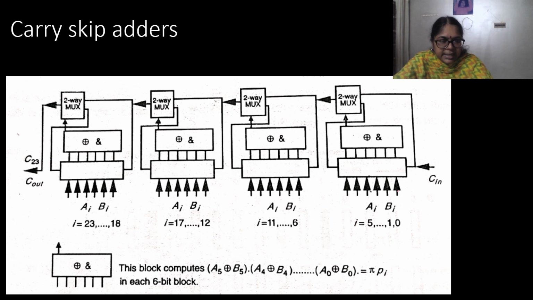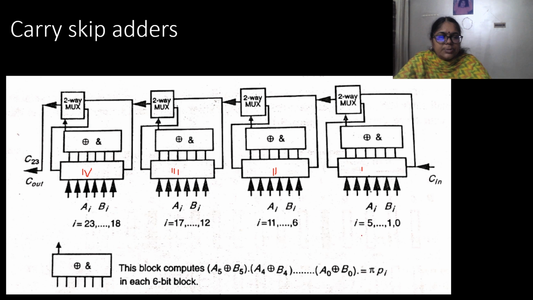The first block is performing the addition of A0 to A5 and B0 to B5. The second block is performing the addition of A6 to A11, B6 to B11. The third block is performing the addition of A12 to A17 and B12 to B17. The fourth block is performing the addition of A18 to A23, B18 to B23.